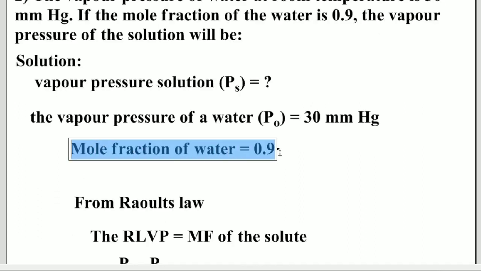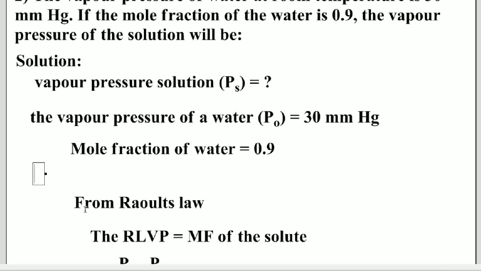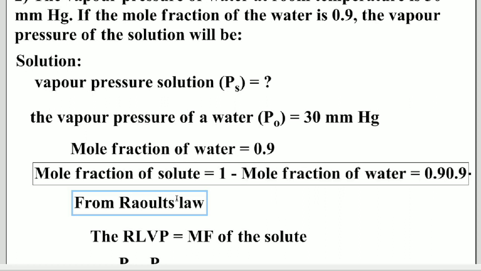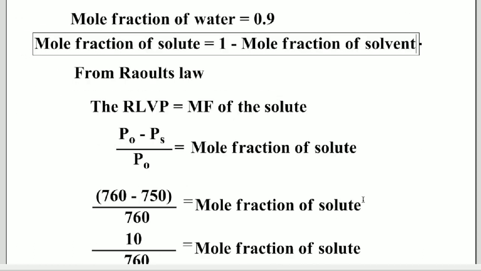So from the mole fraction formula we should find initially the mole fraction of solute. So mole fraction of solute is equal to 1 minus mole fraction of solvent. Students, we know the formula. By using this formula, we can calculate the mole fraction of solute.